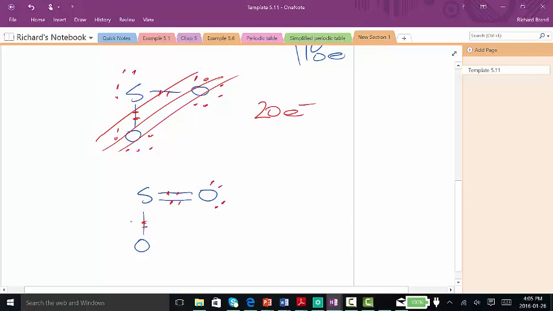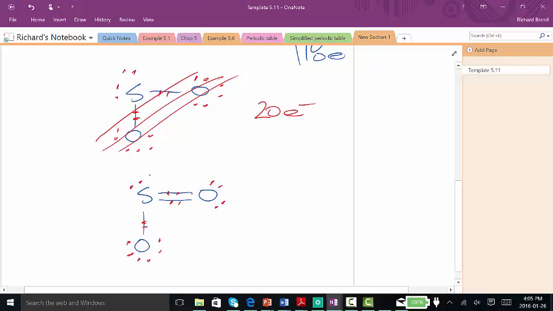This oxygen sees 2 electrons, wants 8, so it needs 6 more. How many electrons does the sulfur see? The sulfur sees 2, 4, 6 electrons. It wants 8, so you have to give it 2 more, to make 8.